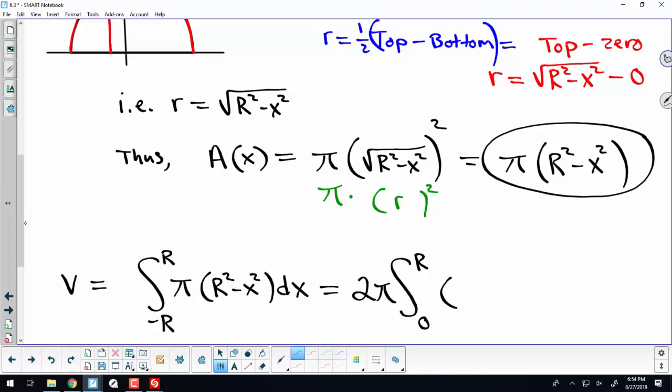So 2 pi integral from 0 to r of capital R squared minus x squared with respect to x. And then that's what we'll compute. Totally fine if you want to compute from negative r to r of what we have here. You'll get the same result.